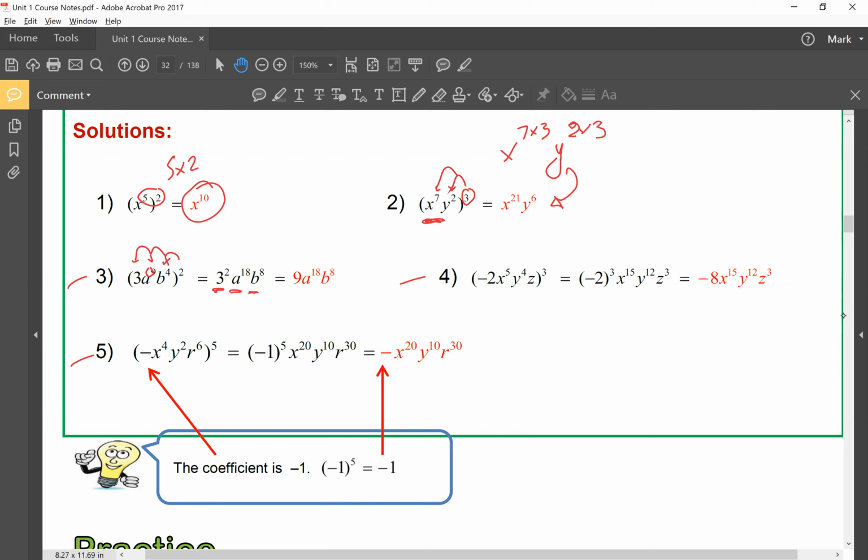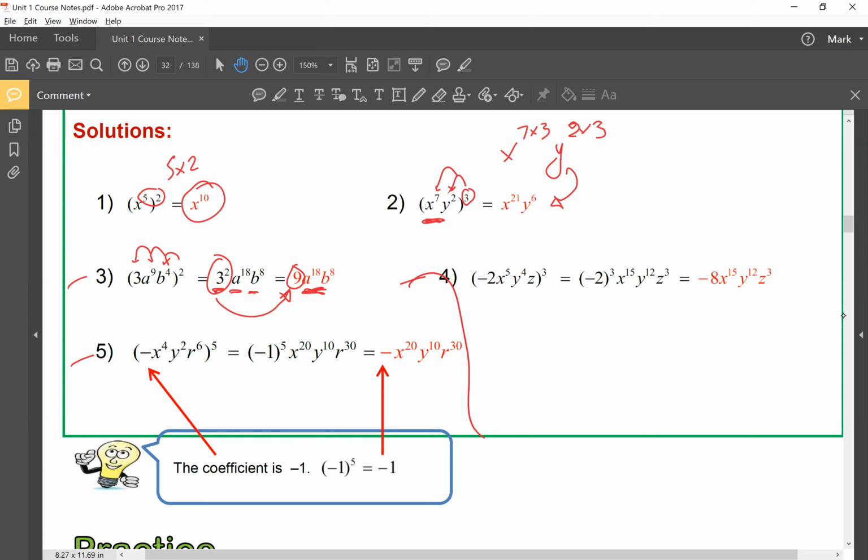So 9 times 2 is 18, 4 times 2 is 8. The only problem is, if you were doing this on a math test, make sure you simplify or solve for 3 squared. I don't want to see numbers squared. I want you to calculate them. You cannot calculate this, but you can solve for 9.